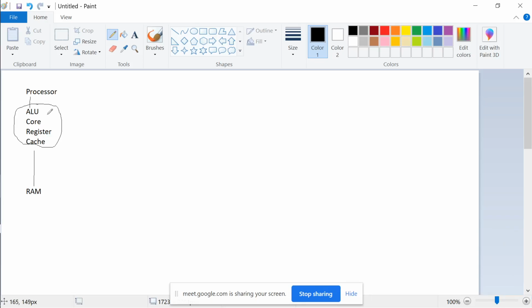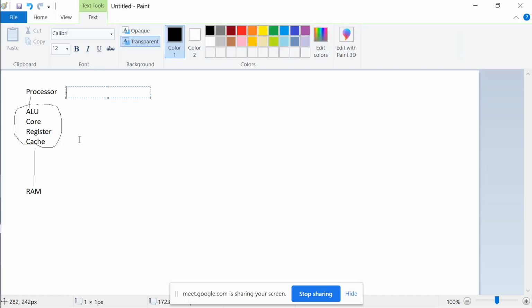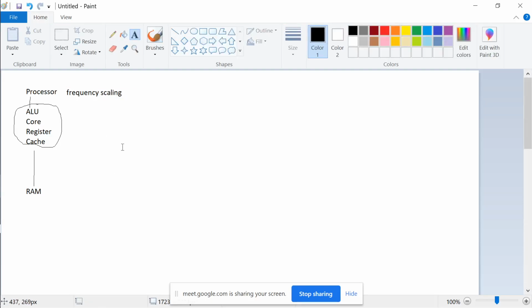Okay. So one way of increasing the speed of the processor was speeding up the clock, which is called frequency scaling, right? That is what we mentioned. But frequency scaling has a limit, because after a particular point your computer will become hot and it will stop.